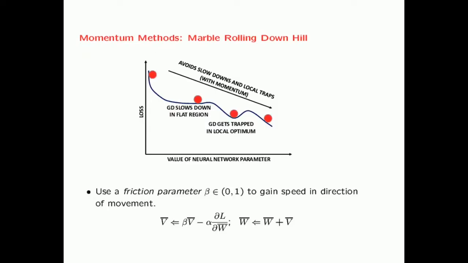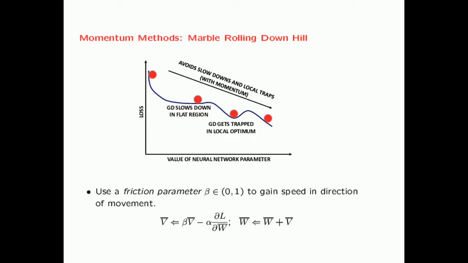Now the first technique that we will discuss is the momentum method. In momentum methods, you can compare the learning to that of a marble rolling down a hill. So here we use a friction parameter beta to gain speed in the direction of movement.